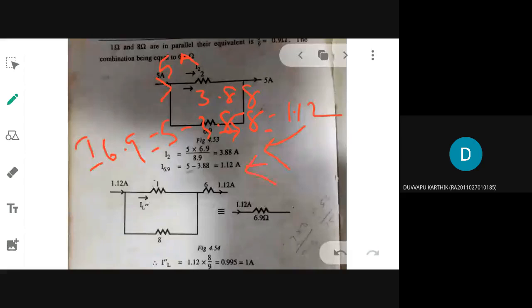Okay, but I want the current through 1 ohm only. For that, they have made a little redraw and reduction. Let's move back to the circuit. How they got 8, I will check it out.